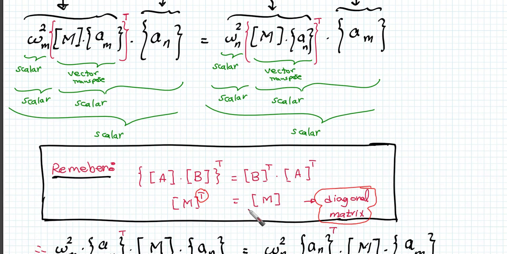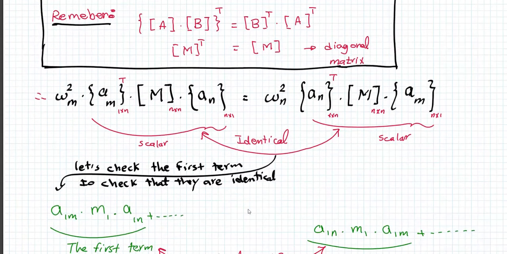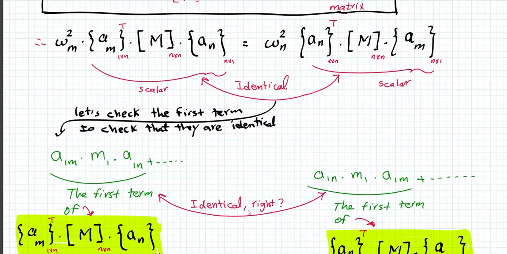Well, let's clean up and go to the next step here. That's very nice, I think, for you to understand what we are talking about now. Now we are going to put in what we have explained before. So we're going to put AM transpose. We flip, and the mass matrix is supposed to be transposed, but it doesn't matter here because, as I said, it is a diagonal matrix, times AN.